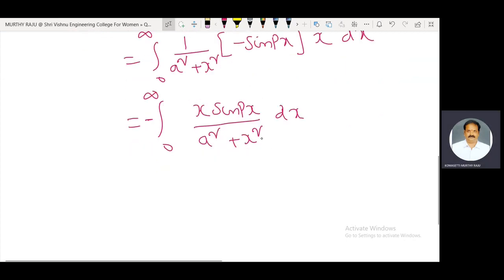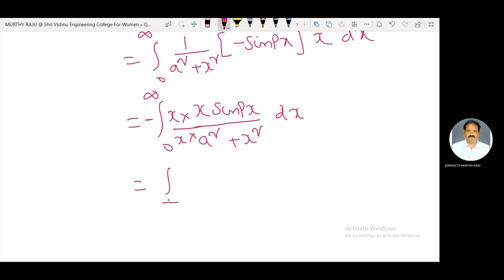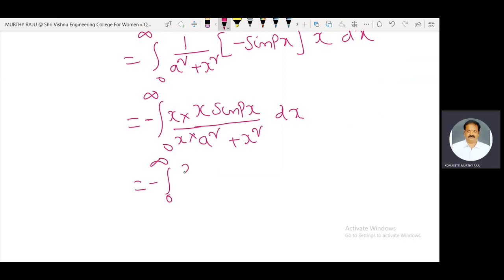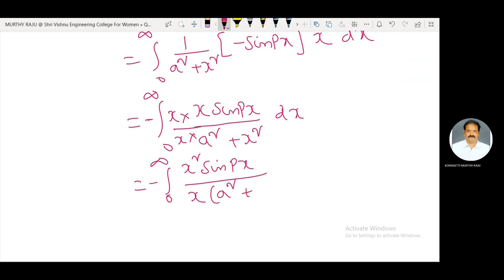Here an x square term is there. That is the reason the numerator and denominator are multiplied with x. Minus integral 0 to infinity x square sin px by x into a square plus x square dx.